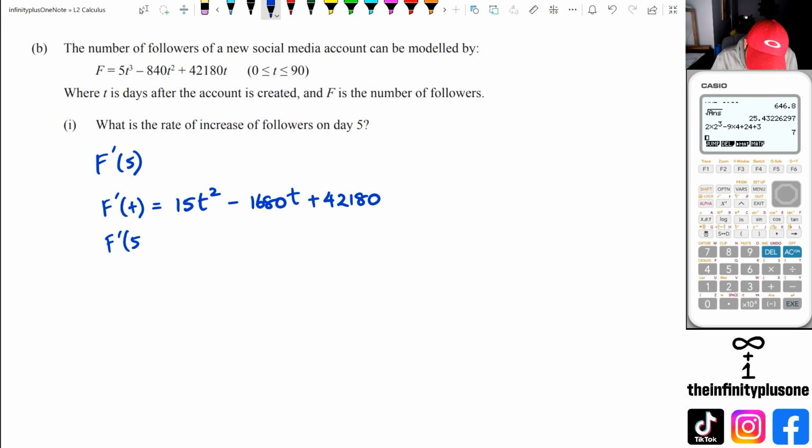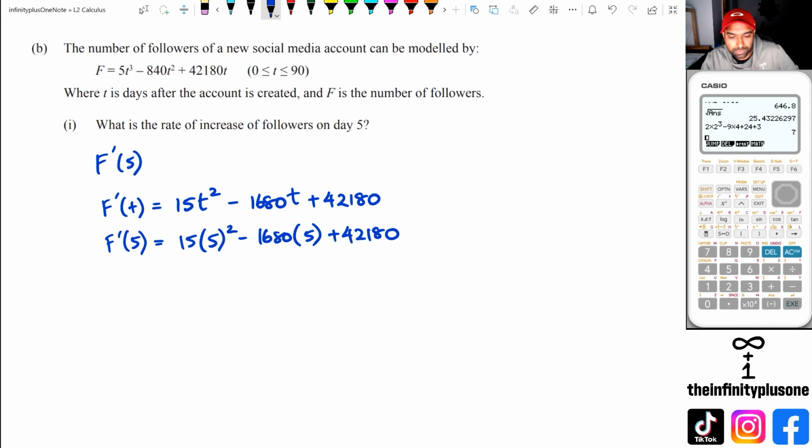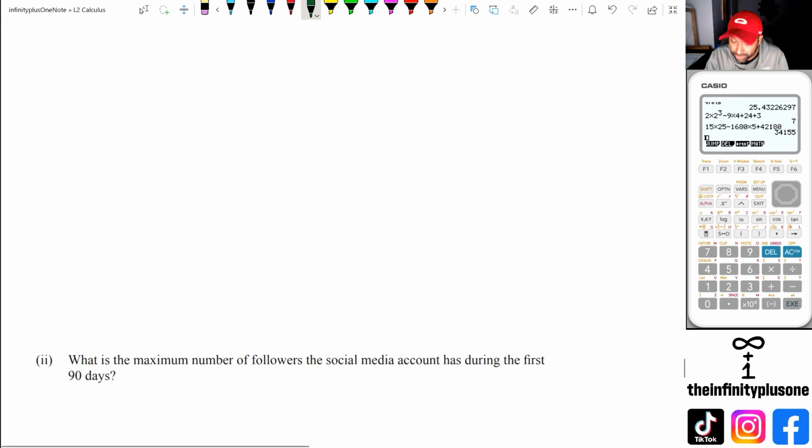So f dash of 5 is 15 times 5 squared minus 1680 times 5 plus 42,180. Putting this in the calculator, we're going to get 34,155, and this actually gets you an achieved grade. On to the next question.